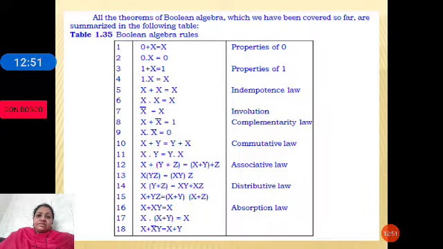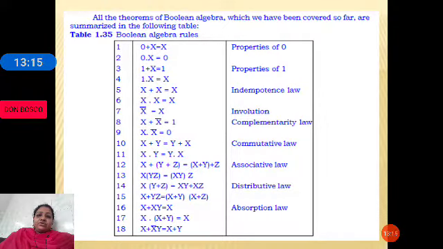The idempotence law says that if a variable is ORed with itself, it is same as the variable. 0 plus 0 is equal to 0. 1 plus 1 is equal to 1. The other idempotence law says that if a variable is ANDed with itself, it is same as the variable. 0 and 0 is 0, 1 and 1 is 1.